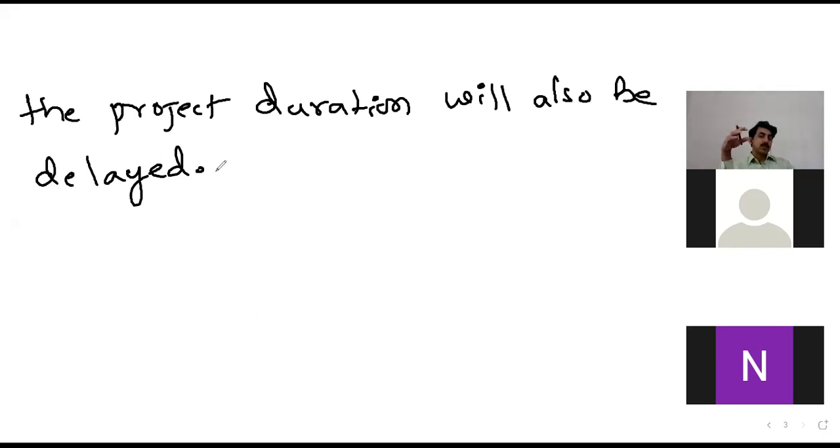In which case the complete project completion duration gets delayed. Is it right? So that is the reason the early start and the latest start for each activity are calculated. Similarly, the last parameter we have to write is latest finish.